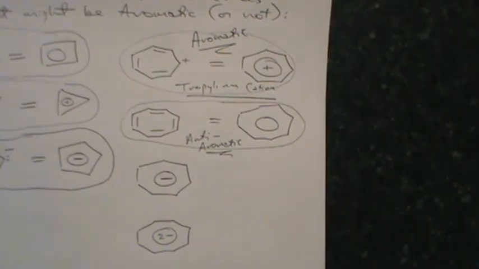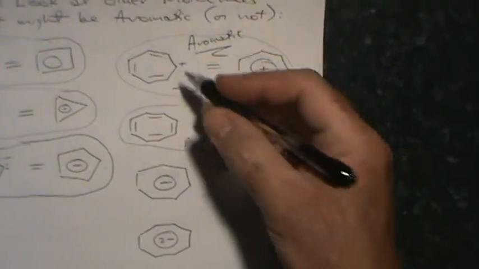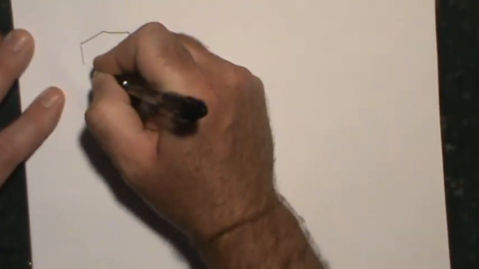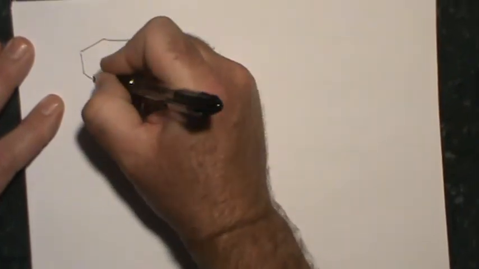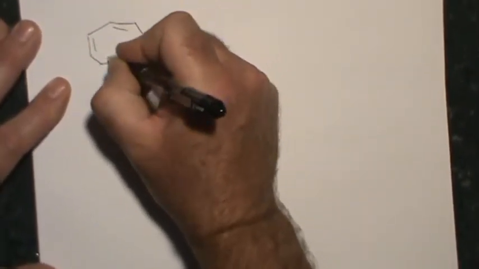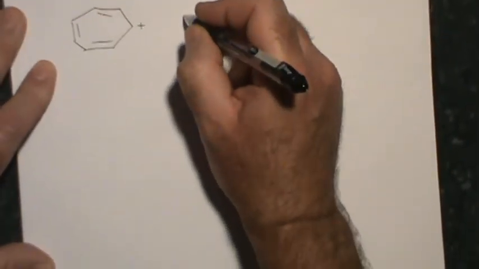Crazy. Well, let's see what's going on here. Let's look at these two structures using Frost's circle. So we start with the tropylium cation, and we're going to inscribe this 7-membered ring inside of a circle.